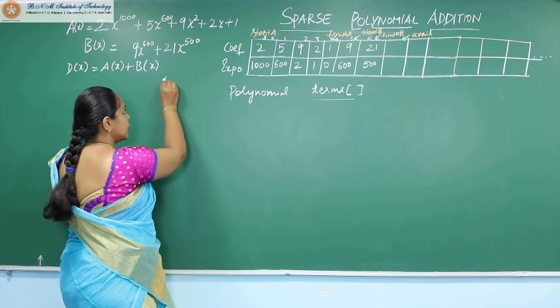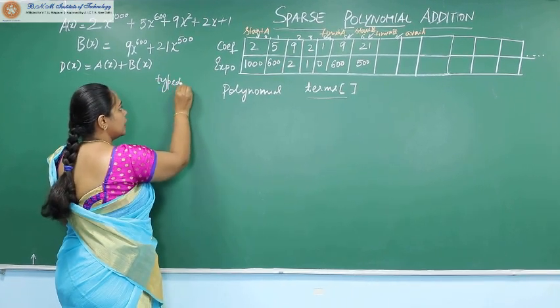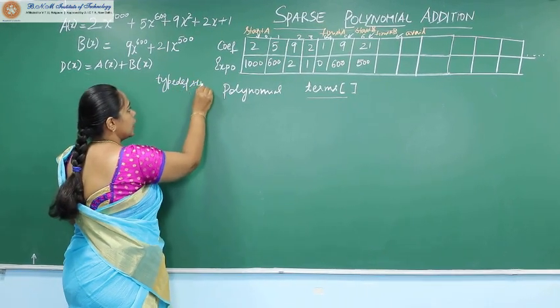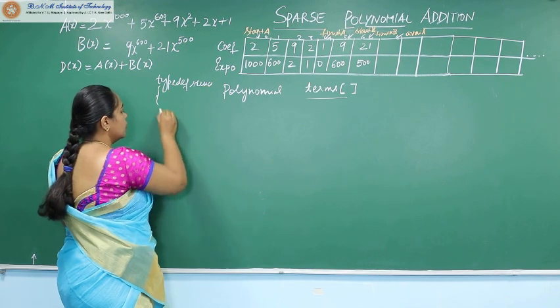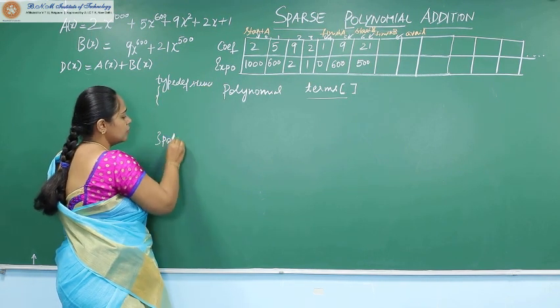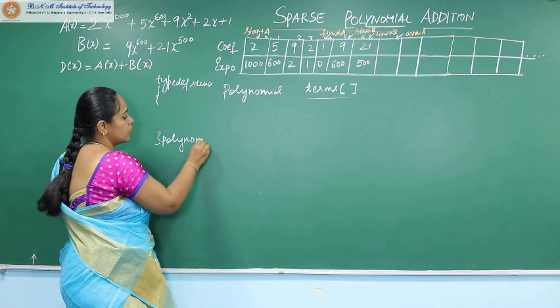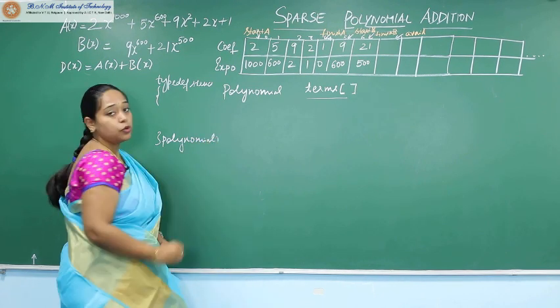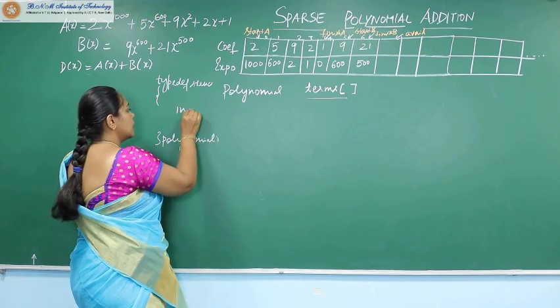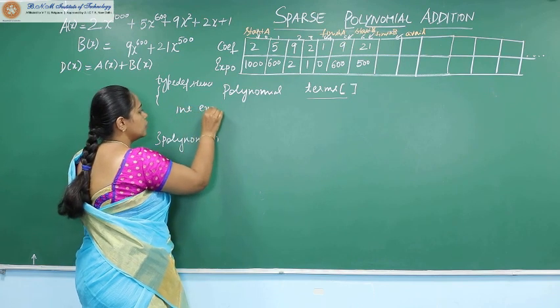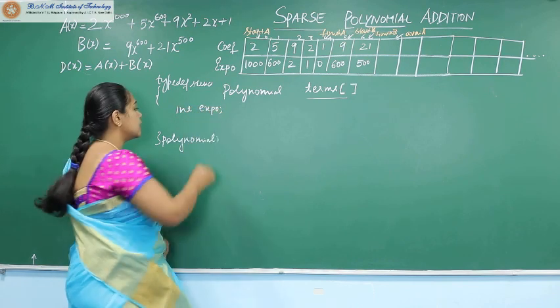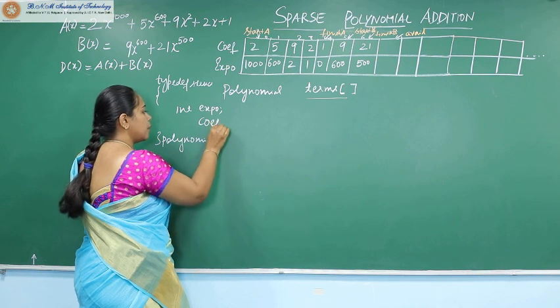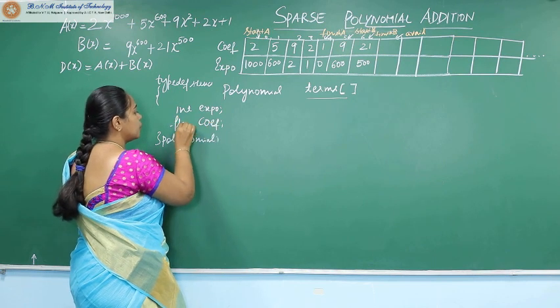So what we have actually done is, we have typedef'd a structure called polynomial and there are two parts to it. There is an exponent part which is of type int. There is also a coefficient part which is of type float.